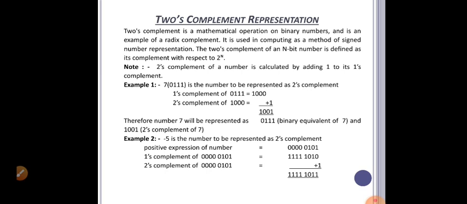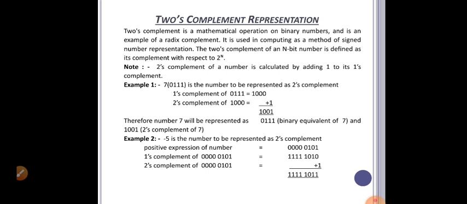Note, the 2's complement of a number is calculated by adding 1 to its ones complement. For example, suppose I have taken a number 7. The binary representation of 7 is 0111. It is the number to be represented as 2's complement.